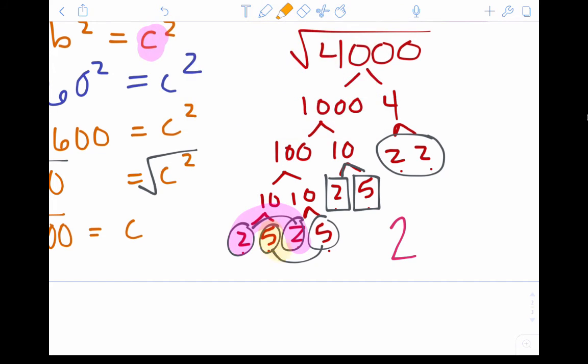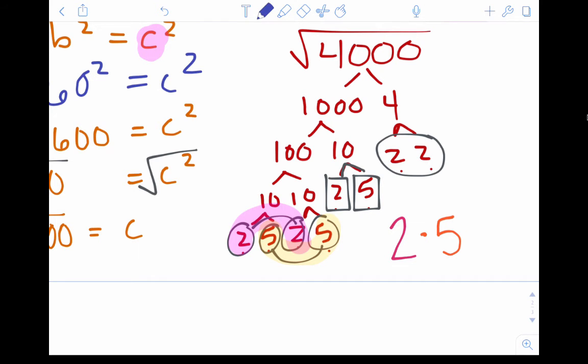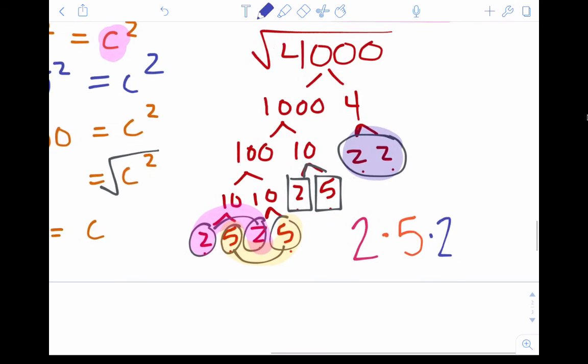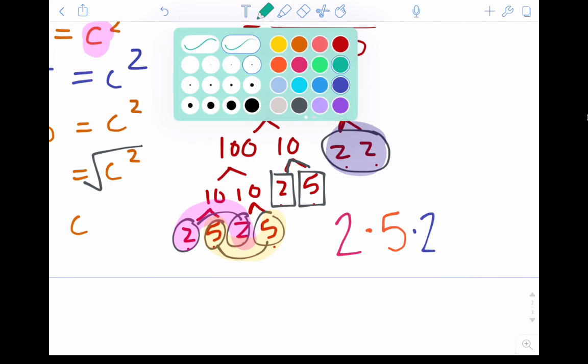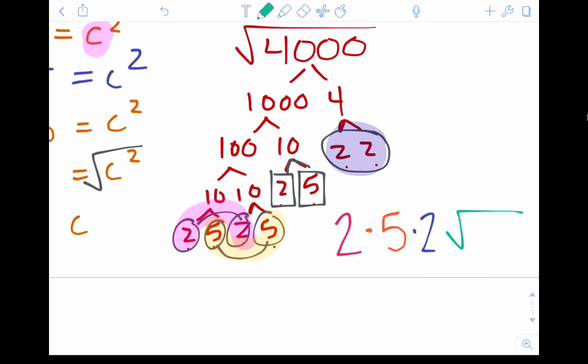Next, I'm going to take these out. Next, I have this pair that goes out. And then lastly, I have my singles that stay in.